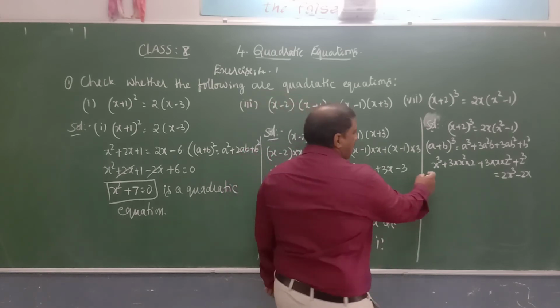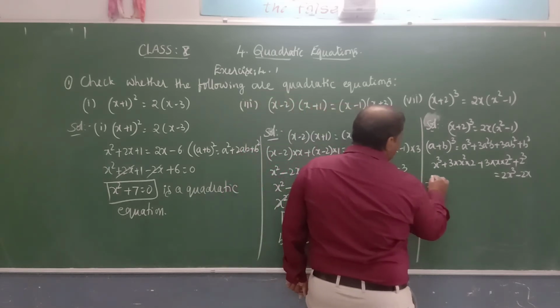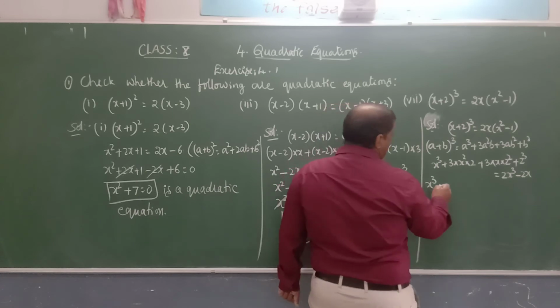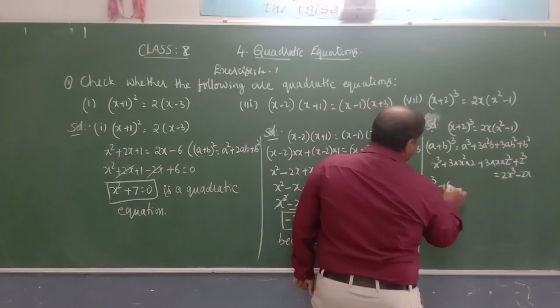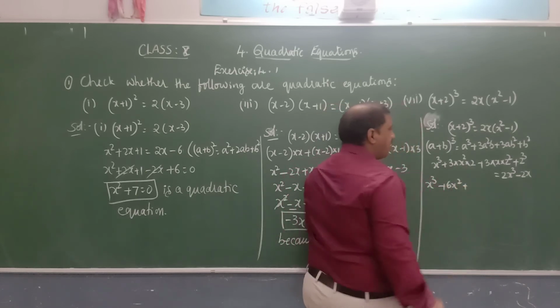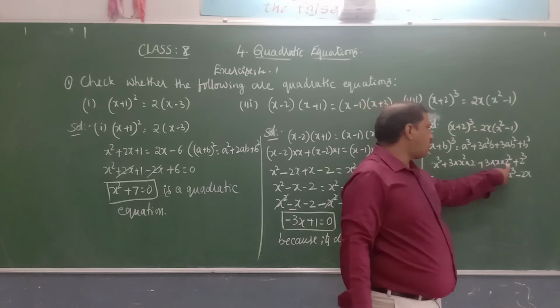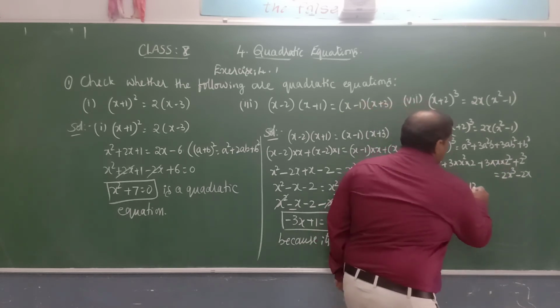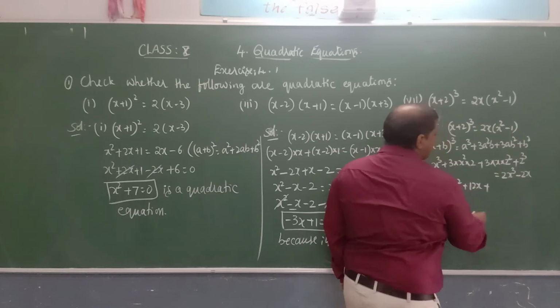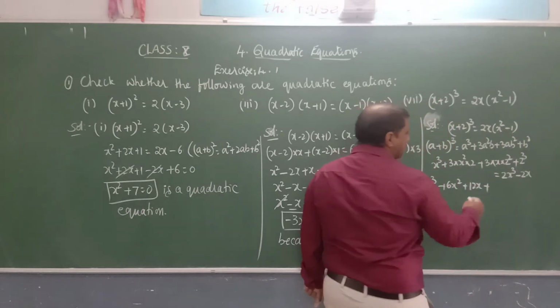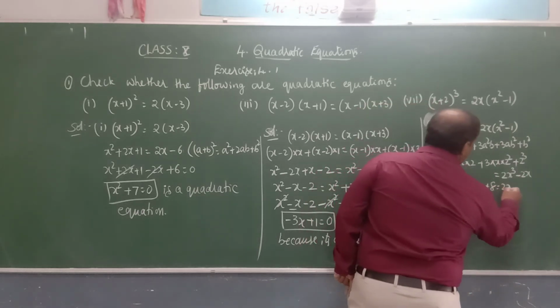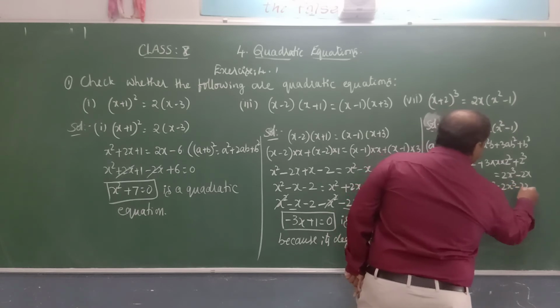Now simplify the LHS. X cube plus 3 into 2 is 6x square, plus 2 square is 4 into 3, it is 12x, plus 2 cube is 2 into 2 into 2, it is 8, that is equal to 2x cube minus 2x.